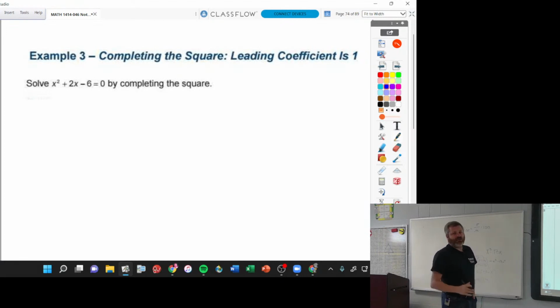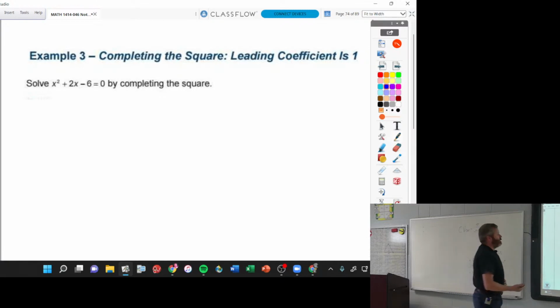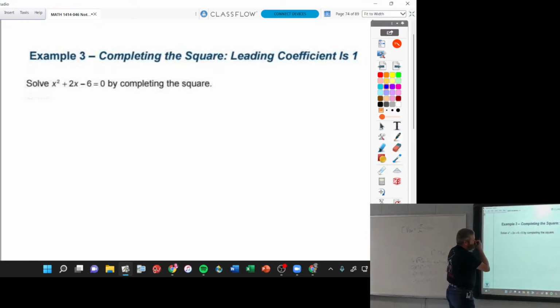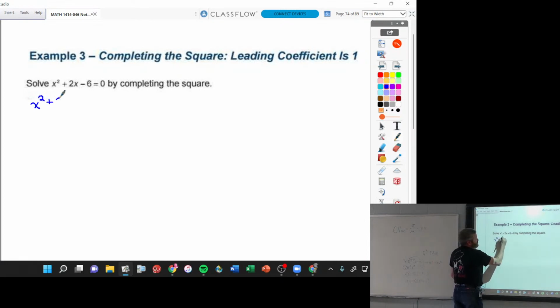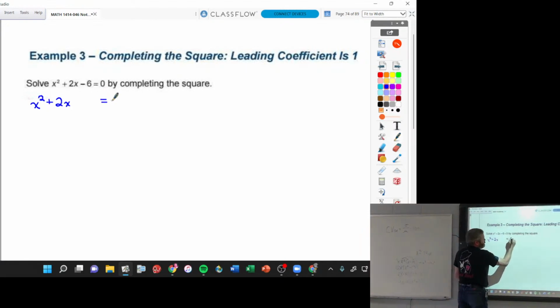Feel free, go back and look at the notes from the text and see how they worked it and compare the two. Okay? To complete the square on this, what I'm going to do is take that 2 and add it to both sides. So I want x squared minus 6x. I'm going to leave it alone. I'm going to leave a little bit of space here. By adding 2 to both sides, I get a 2 on the right side.